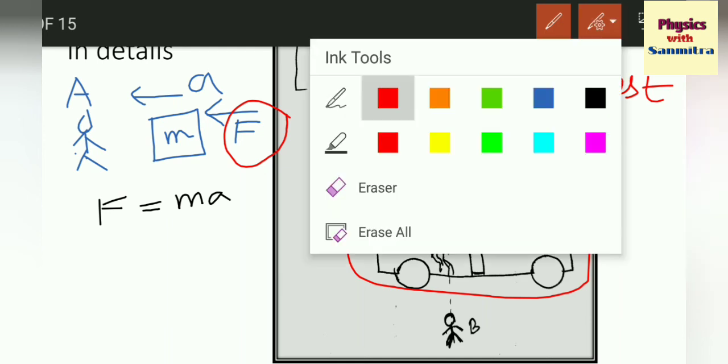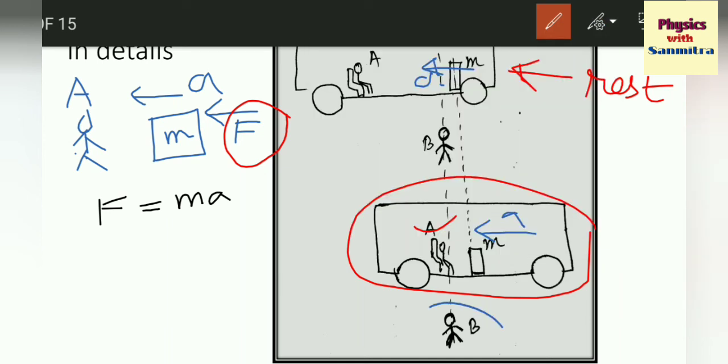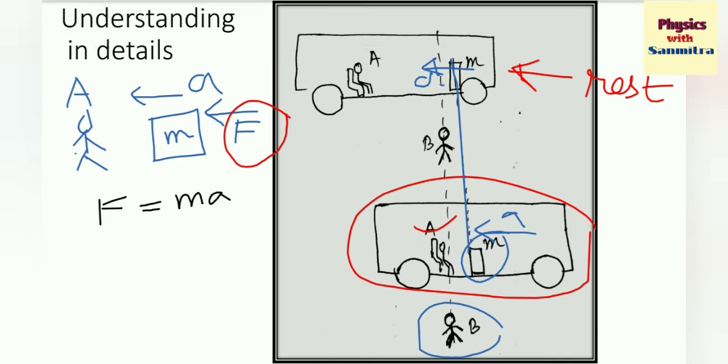But to remind you again, to observer B, this block m is at rest. It was at the same position as it was earlier. But to observer A, it is moving backwards, because according to observer A, the bus is at rest. So exactly this is what I want to show, how this F is equal to ma is coming.